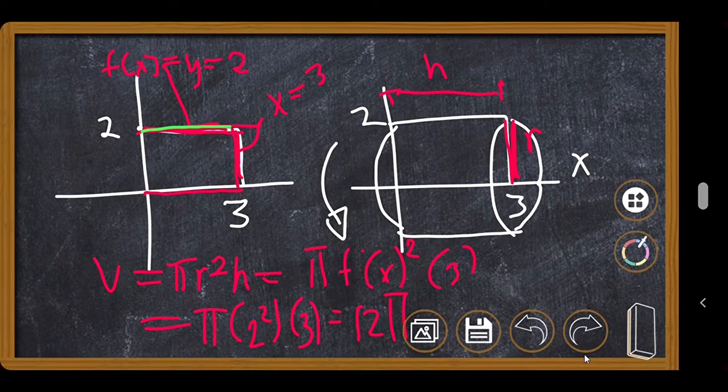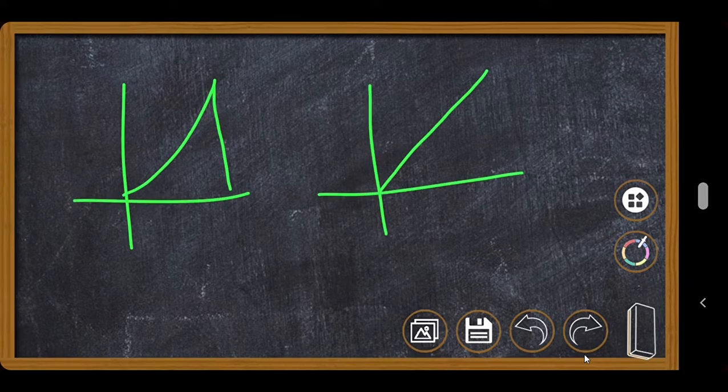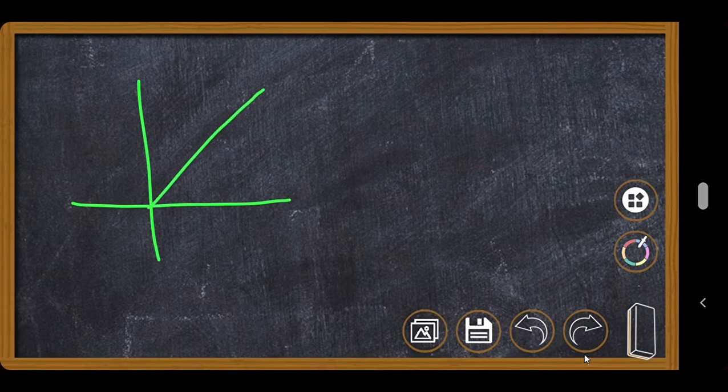What if our function is like this one, a parabola, a slanting line right here with a slope of a positive number not equal to 0. Now let's define this one as our f of x to find the volume of a region revolved around an axis.